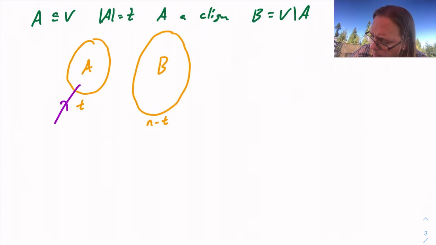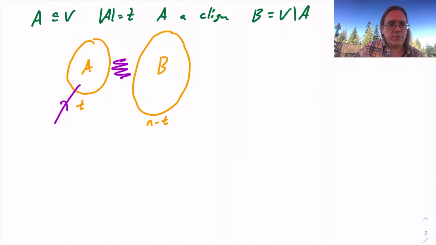Let's think about how many edges we have in these three different groups. We've got edges back and forth, edges with both ends in A, and edges with both ends in B. Now, how many edges have both ends in A? That's actually a very easy one. The subgraph A is a clique.